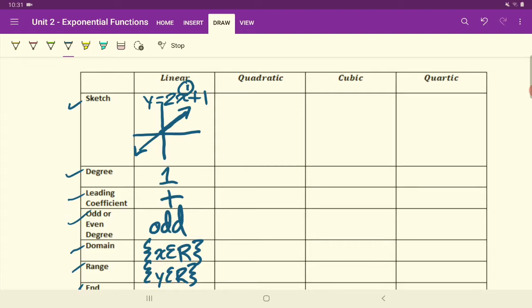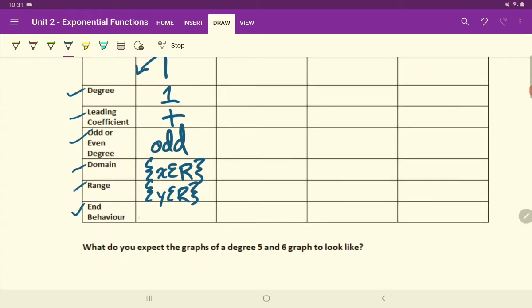So we'll write it like this, and I'll explain. As x approaches infinity, y also approaches positive infinity. And as x approaches negative infinity, y also approaches negative infinity.